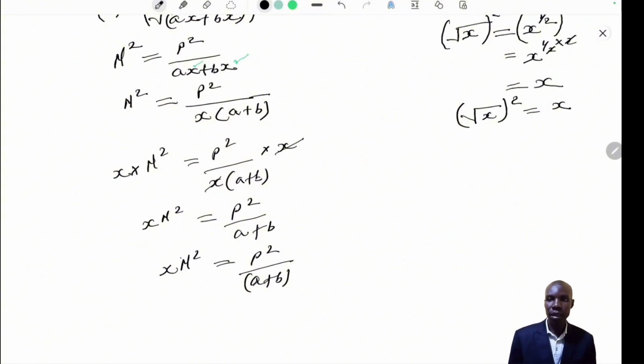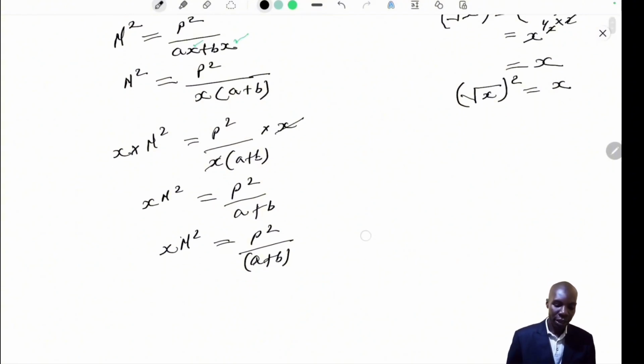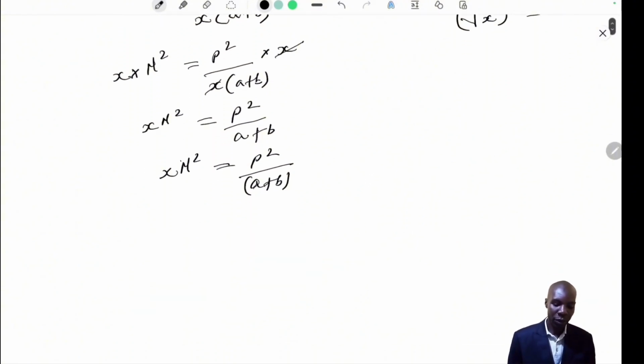Let's use the bracket. We can divide both sides by n squared. So n squared will cancel out, then we'll be left with x alone being given by p squared over n squared in bracket a plus b.